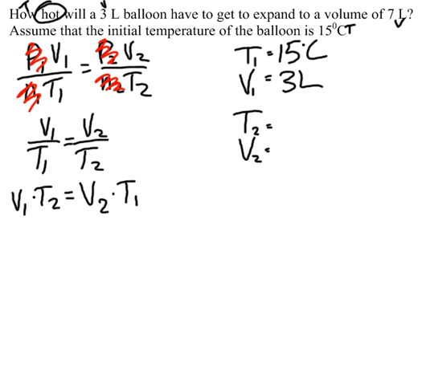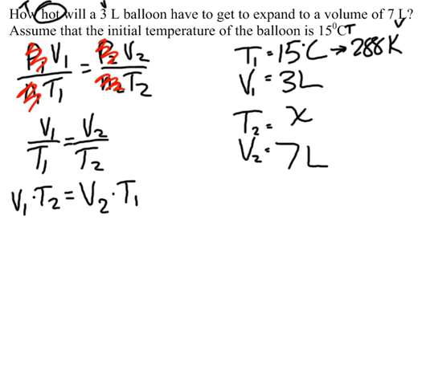And then I have a volume of 7 liters that I'm getting to. The second temperature is what I want to know. So plug them in. But of course, don't forget, we need to convert to Kelvin. 273 plus 15 is 288 Kelvin.